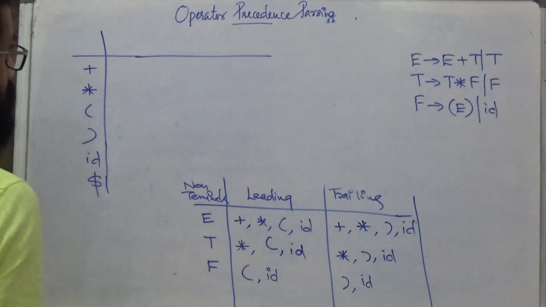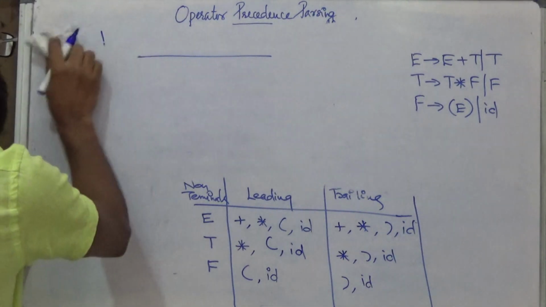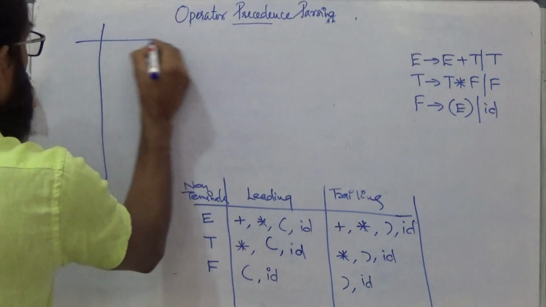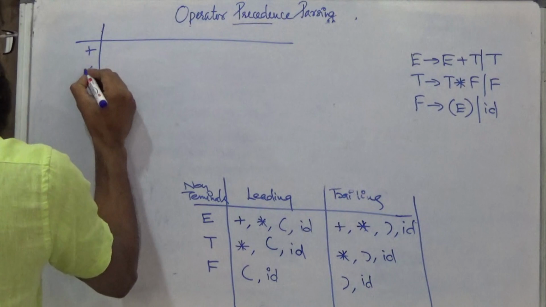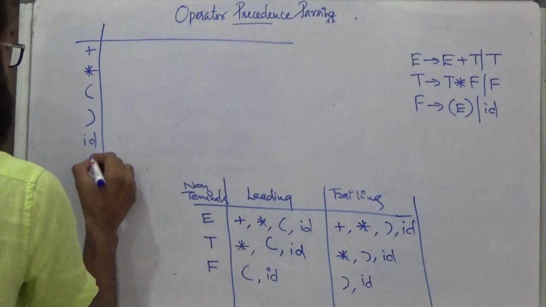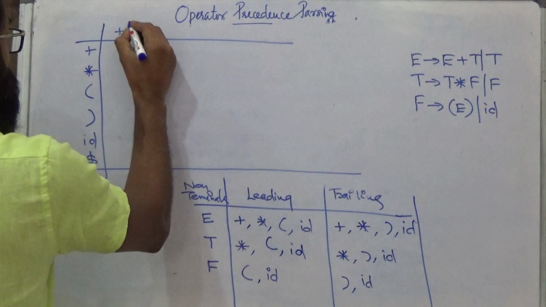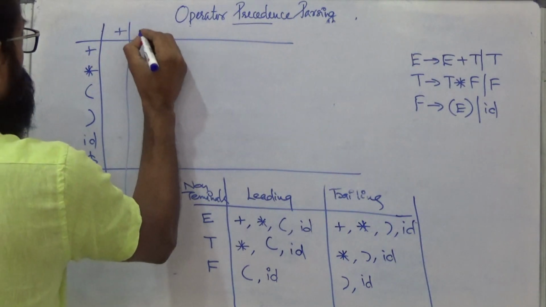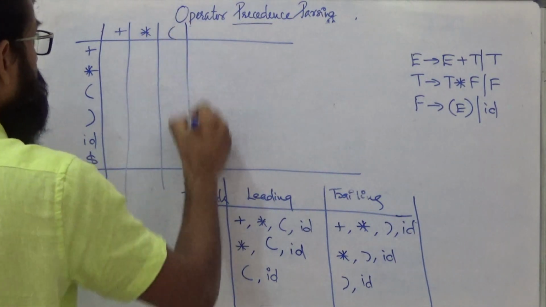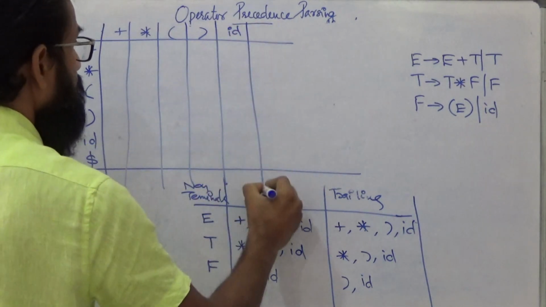So delimiting symbol is dollar. So plus, star, opening parenthesis, closing parenthesis, ID, dollar.